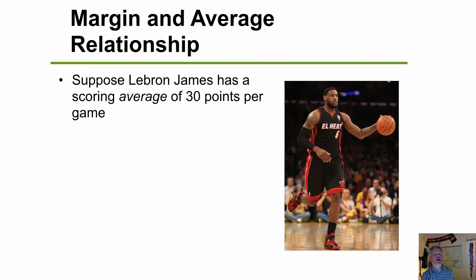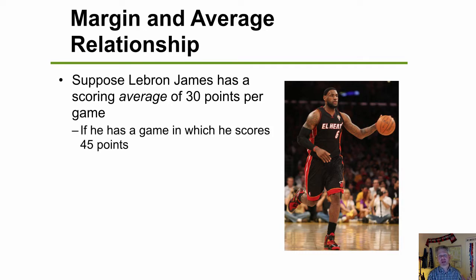Suppose LeBron James has a scoring average of 30 points per game. If he has a game in which he scores 45 points, his margin for that game is 45 points. What does that do to his average points per game? It increases it. The average always chases the marginal addition of that next unit.